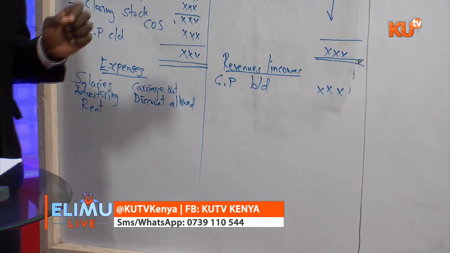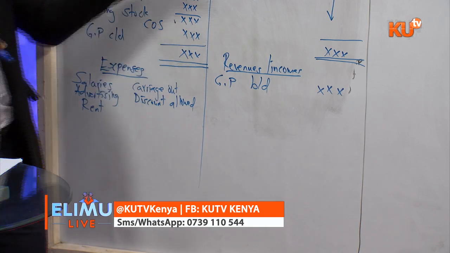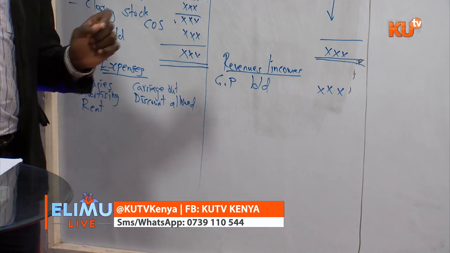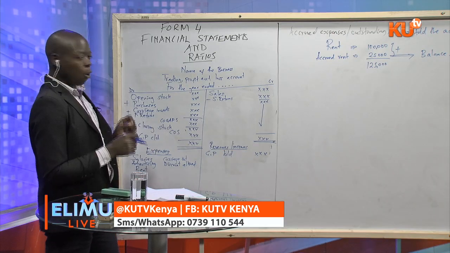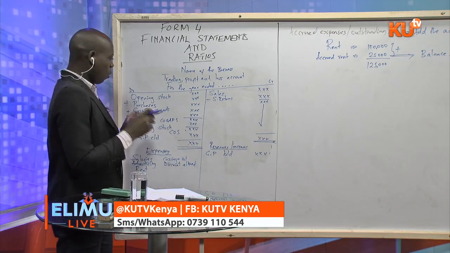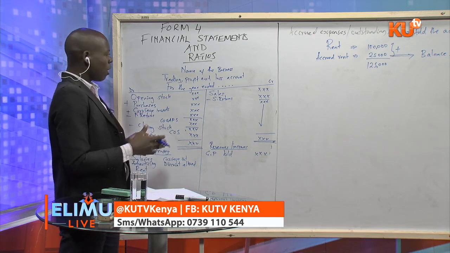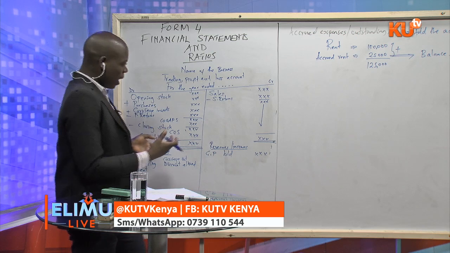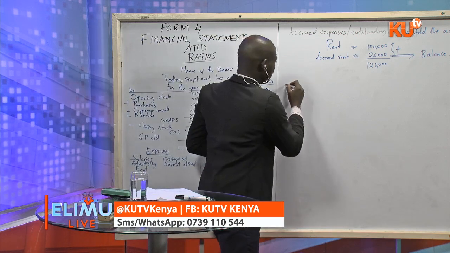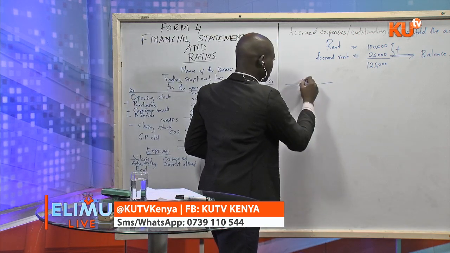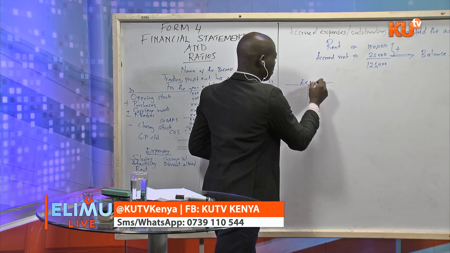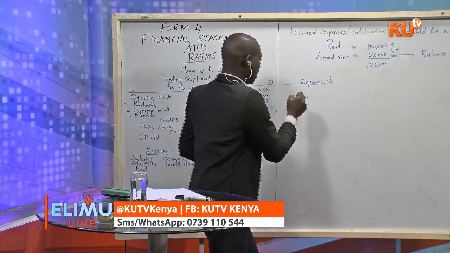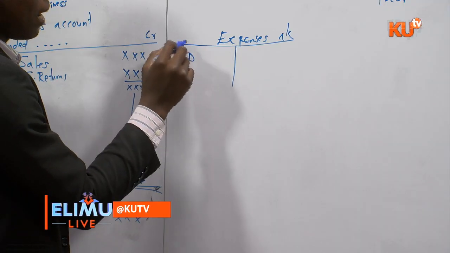What is important is, in most cases, before you analyze the trading and profit and loss account, you will be given a statement we call the trial balance. Now, get to know, which side of the trial balance captures the expenses? From the understanding of ledgers, expense accounts all have debit balances.